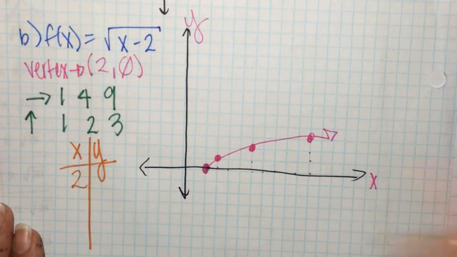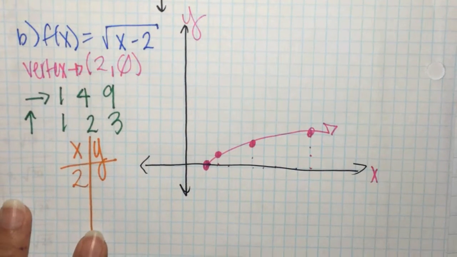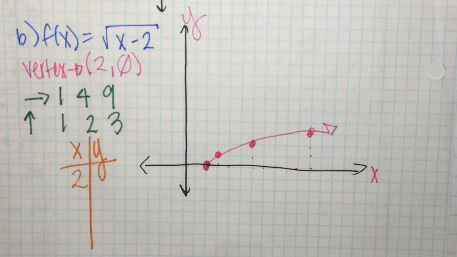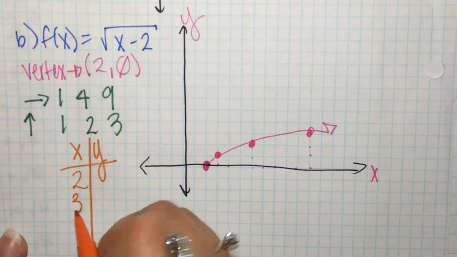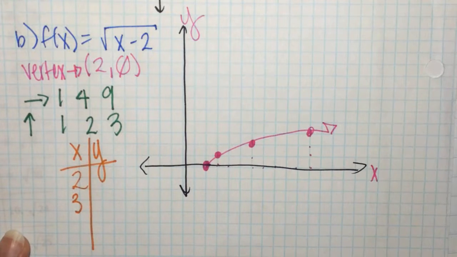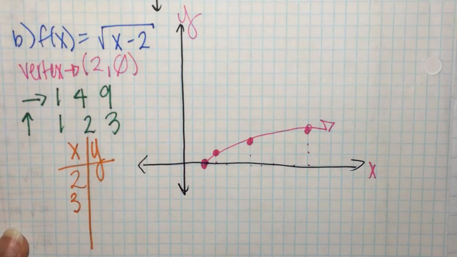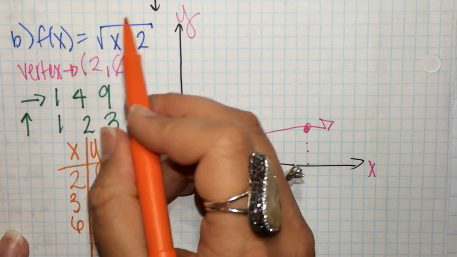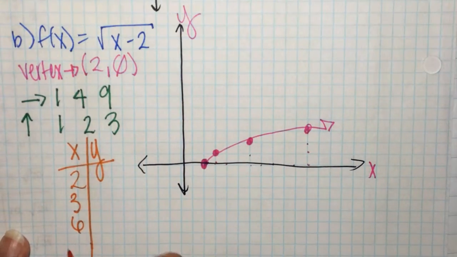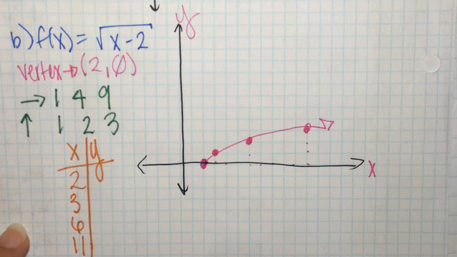So I start with 2. Then I want to get 1 under the radical. What number minus 2 will give me 1? 3. Then I want to get 4 under the radical. What number minus 2 will give me 4? 6. And then I want to get 9 under the radical. What number minus 2 will give me 9? 11.